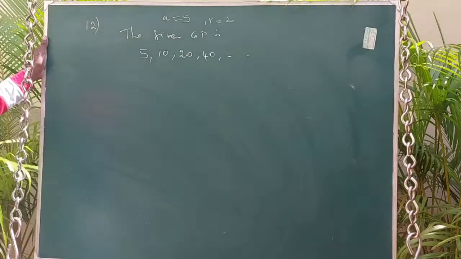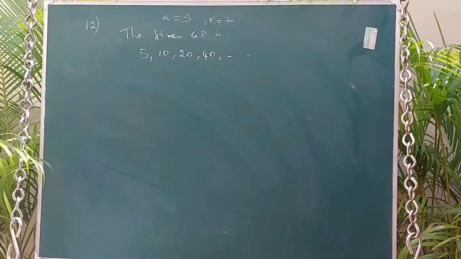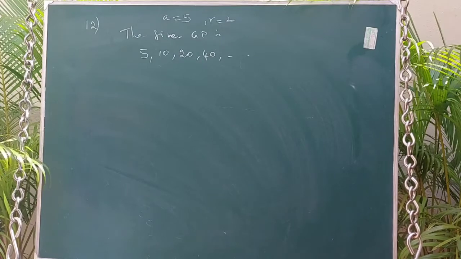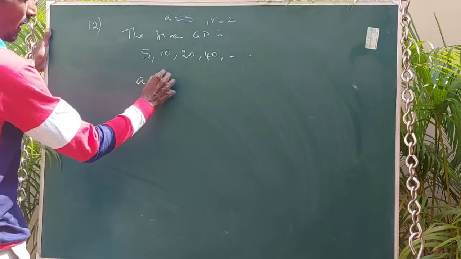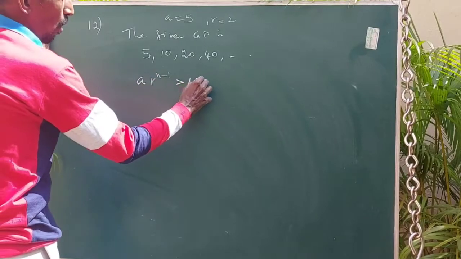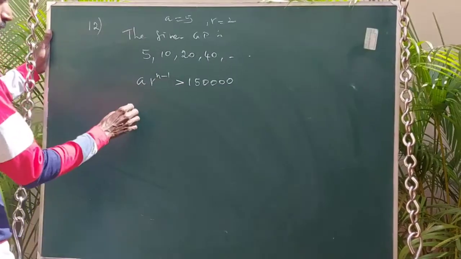Okay. So what is given, at what day it exceeds 1,50,000 units. So A into R power n minus 1 greater than 1,50,000. So that is the question. So put the value.